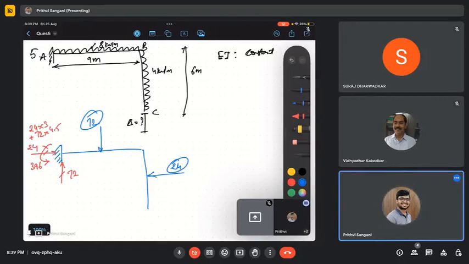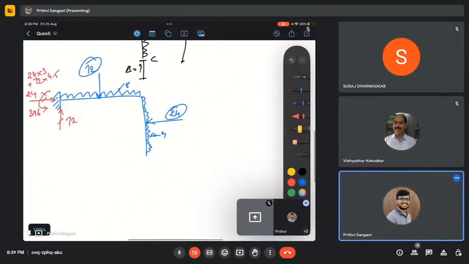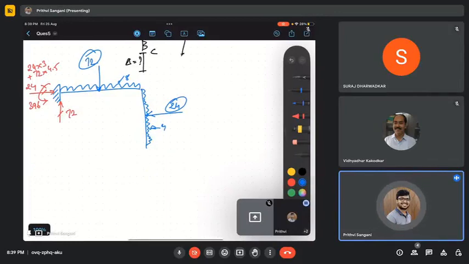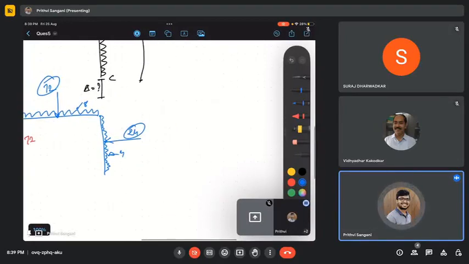Now let me write down the loading. This is 8, this is 4. Okay, this we have found out. Now what do we need to find? We need the vertical displacement at C. For that, I'll apply a unit vertical load.